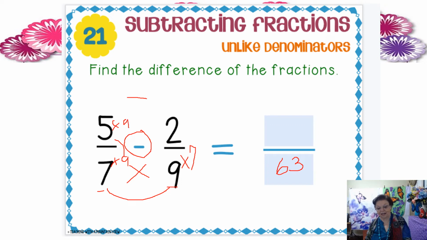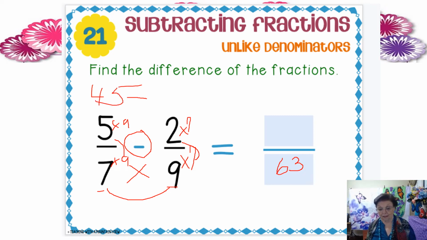And on this side, I have to multiply this numerator times 7. Okay. 5 times 9. 5, 10, 15, 20, 25, 30, 35, 40, 45. 5 times 9 is 45.